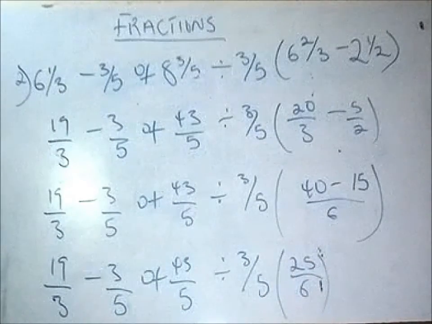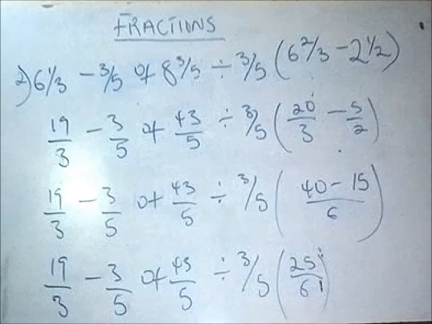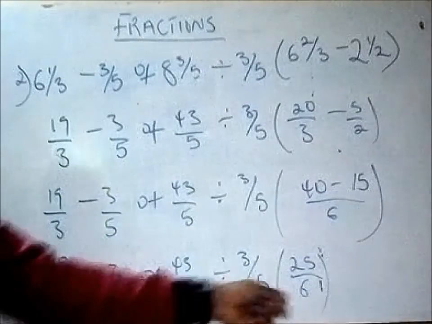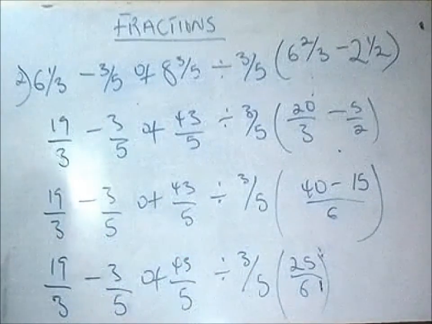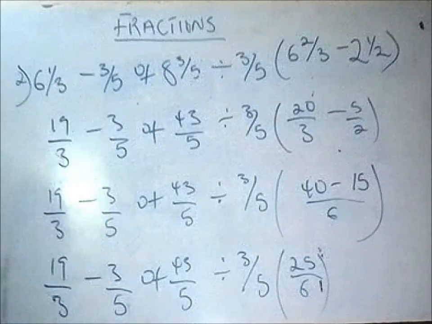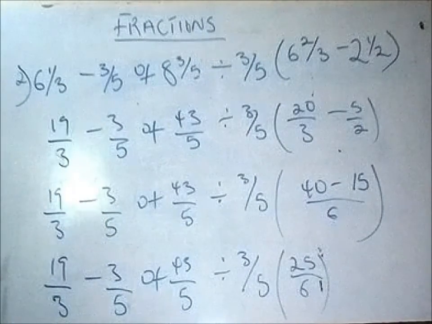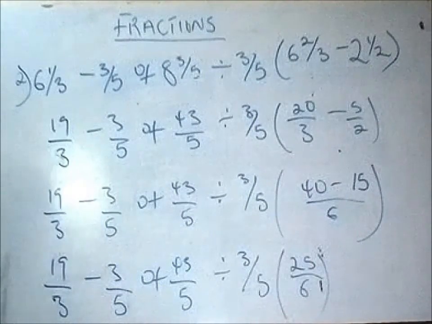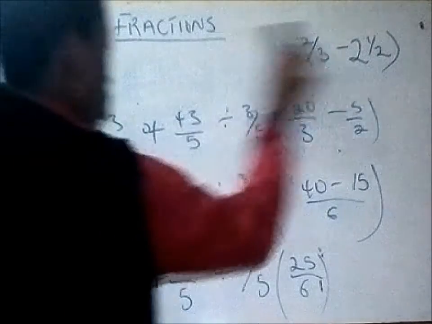Yeah, so we've gotten to that point. So now what do you think could be the next thing? If we open this bracket, we'll have multiplication here. So I'm just going to bring this up so that we'll continue with the calculation.